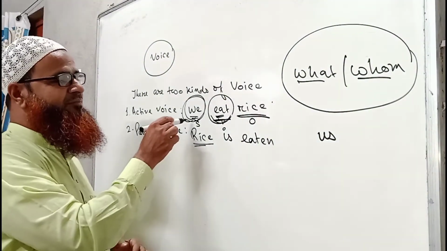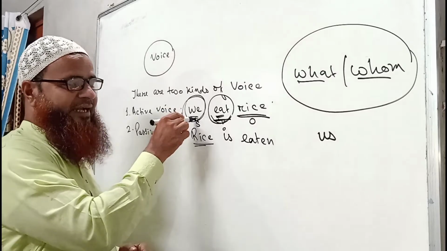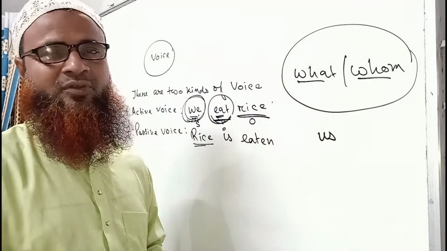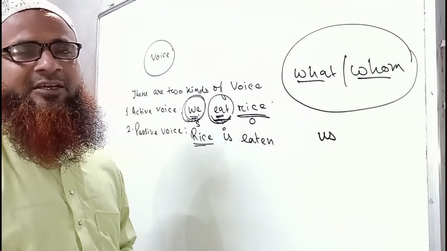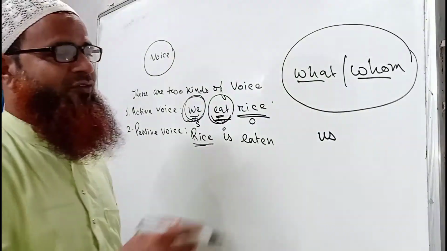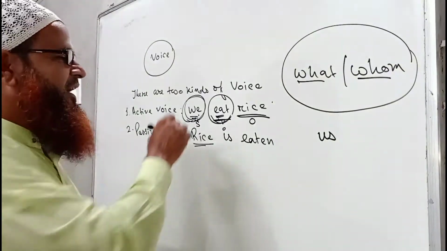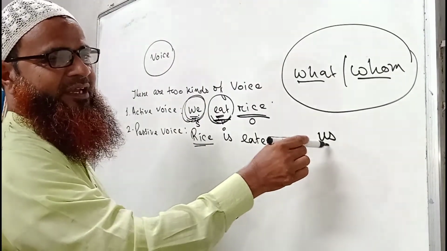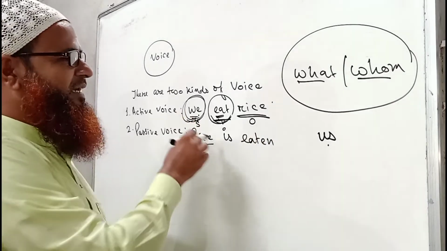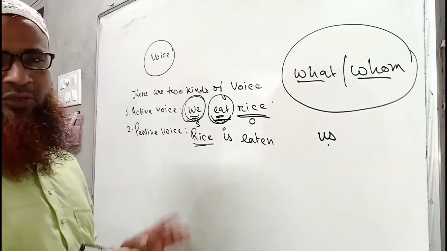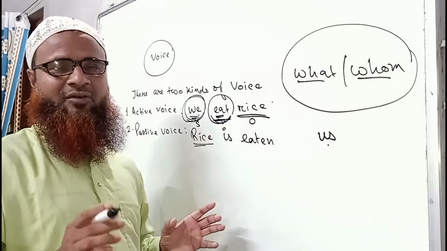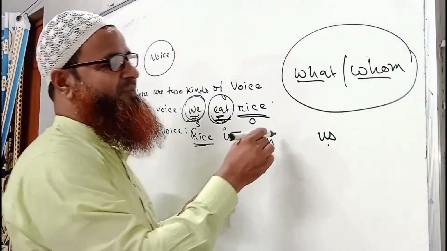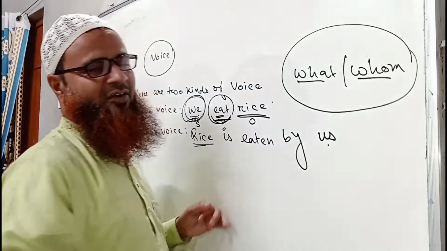So before writing the subject as an object, we have to place by before that new object. If this subject has become a new object, we have to use, and it is also a great characteristic of passive voice, the preposition by before the object.